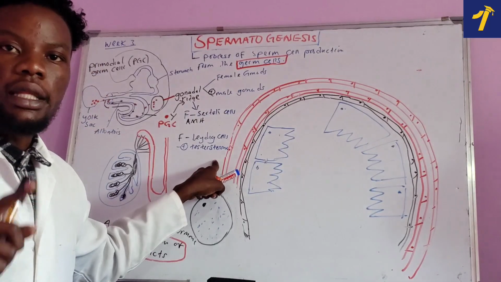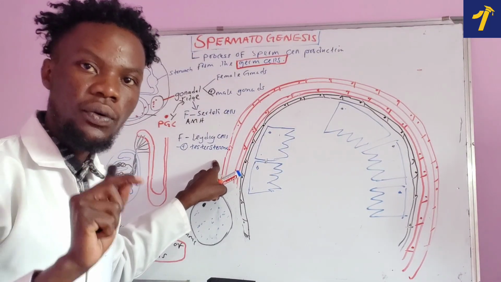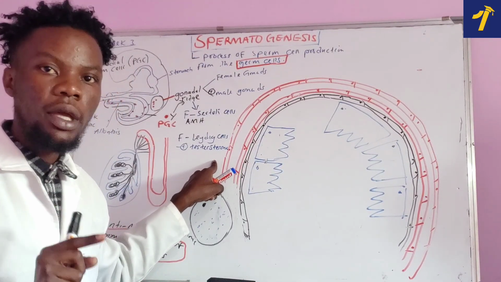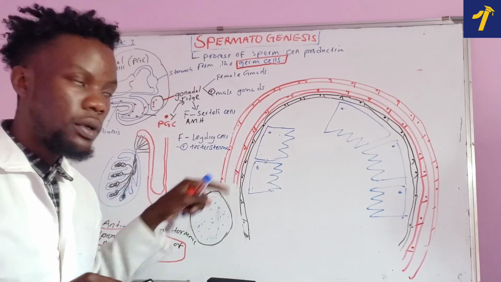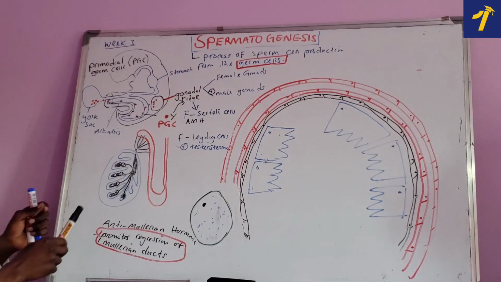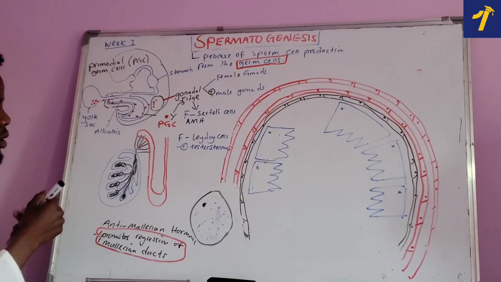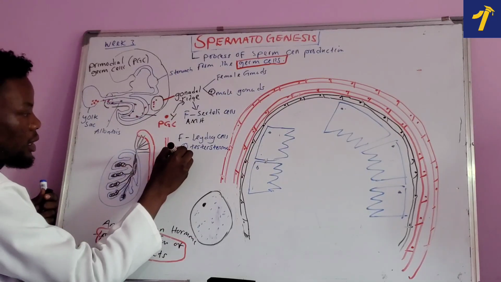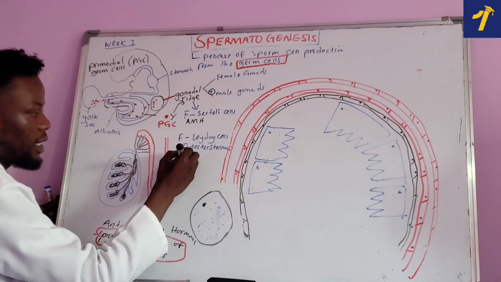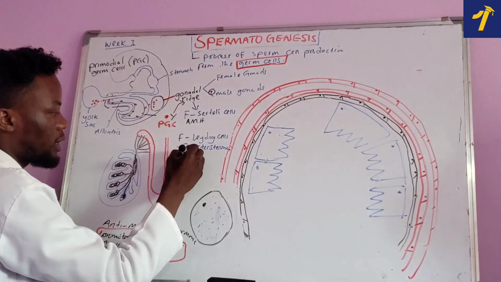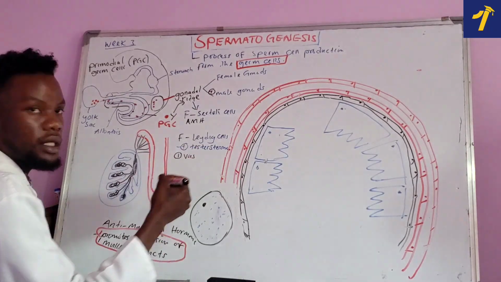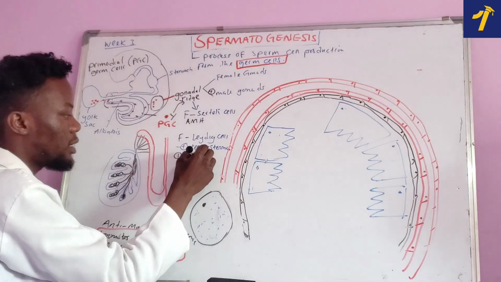It will promote the development of the internal structures of the male reproductive system, like what? Let me just list them. The first one is what? Vas deferens, which is the sperm duct.